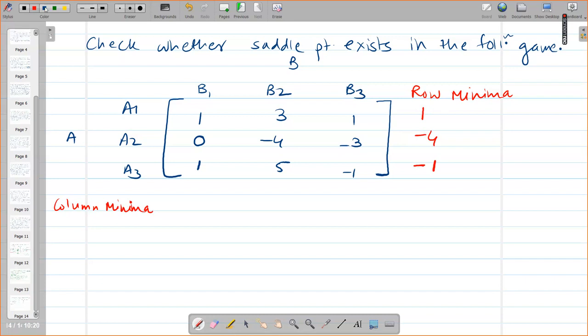Maximum, 1. So what is this called? Maximum.